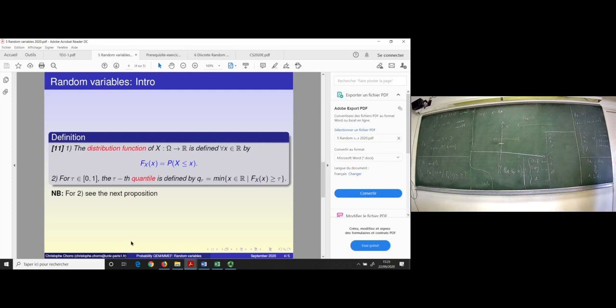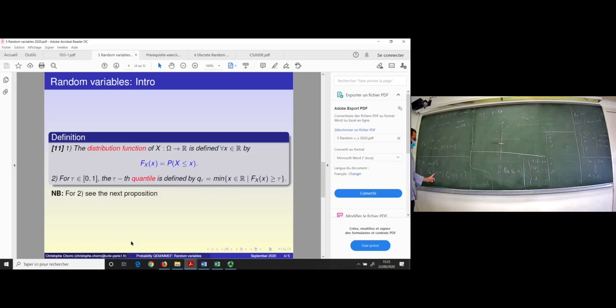In the case you take tau equal to 1/2, it's what we call the median of the random variable. But I will come back on this point in the statistical part. So for tau equal to 1/2, you have what we call the median of a random variable.